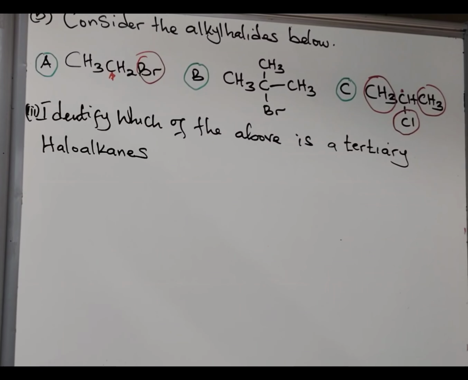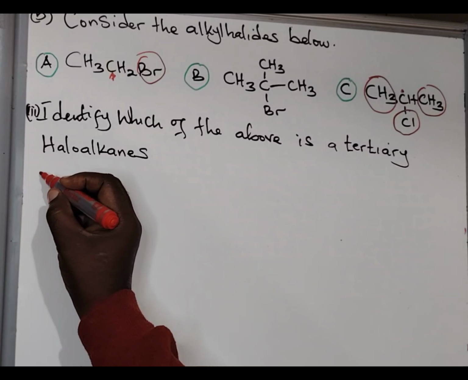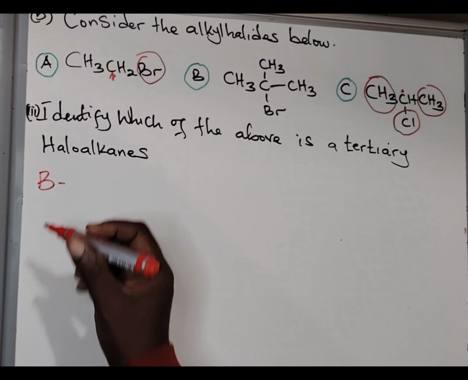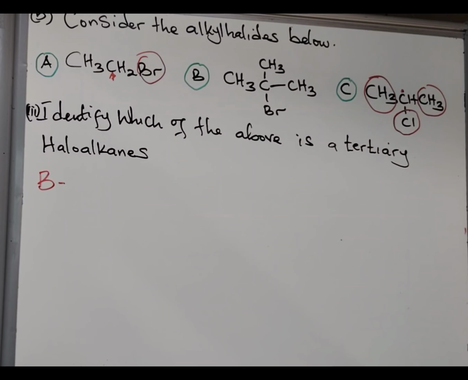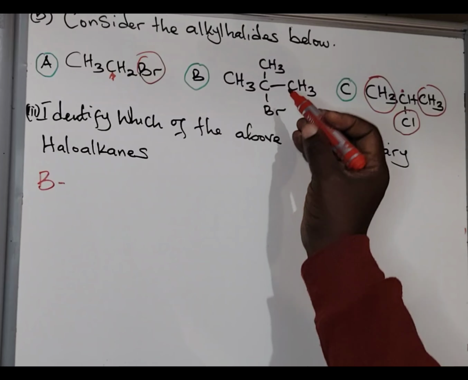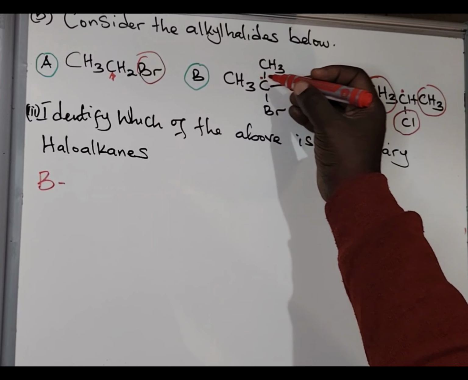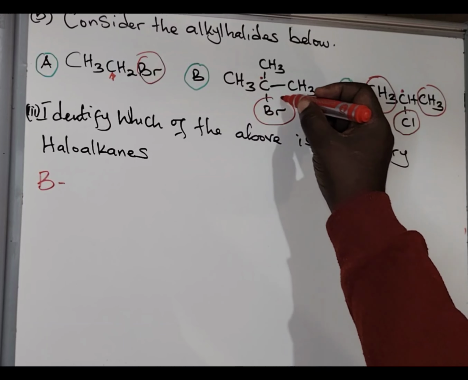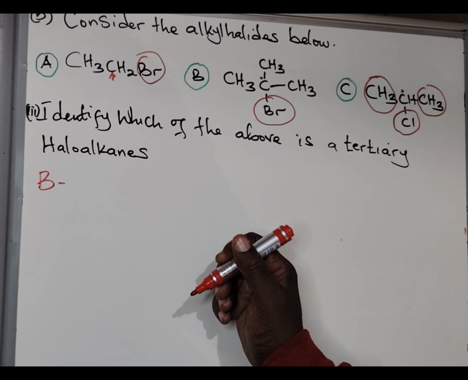So then comes this one. It says, identify which of the above is a tertiary haloalkane. Okay, the answer is B. Why? Okay, let's look at B. This is the carbon atom on which our halogen is attached.